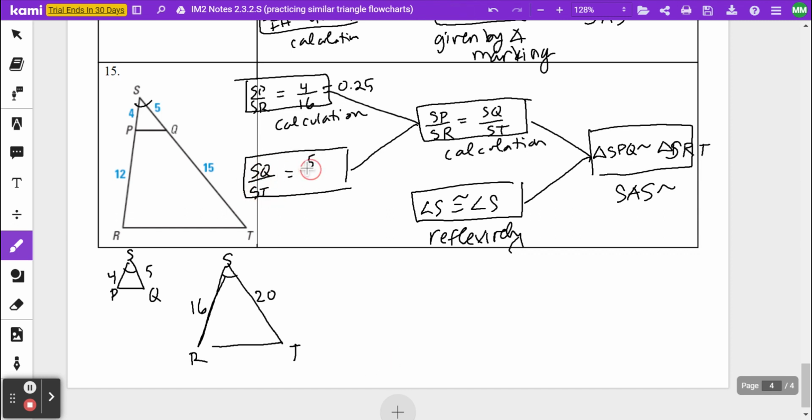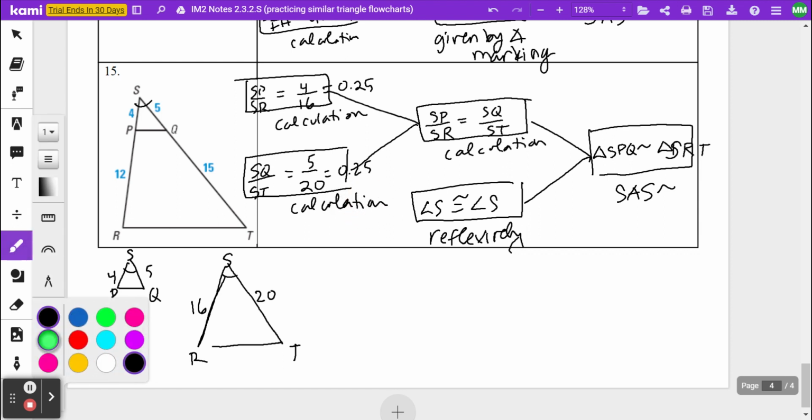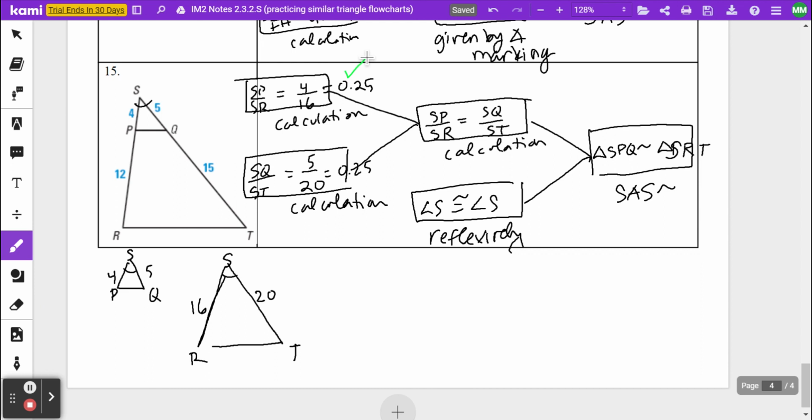Well, that's 5 over 20, which is also 0.25 by calculation. So it seems like everything worked out, but let me check my work because I do make mistakes. 0.25 and 0.25 are indeed the same number. So the corresponding side lengths are proportional, and there is an included congruent angle. So therefore, these triangles are similar by side angle side similarity. And that was the last one, so we're done.